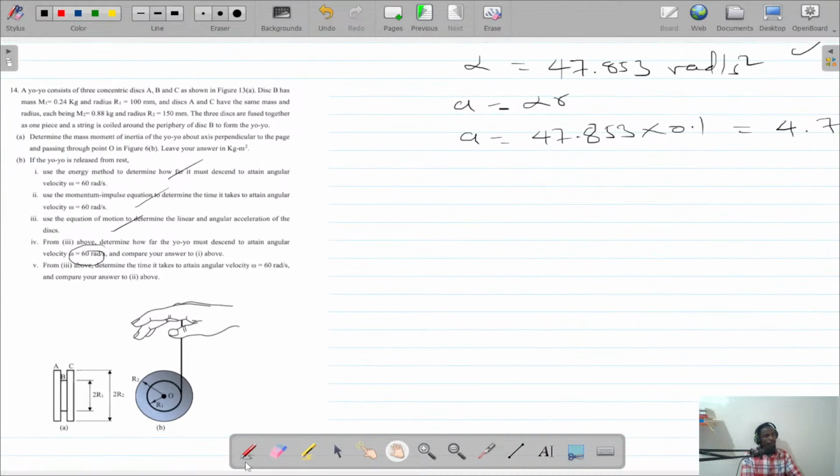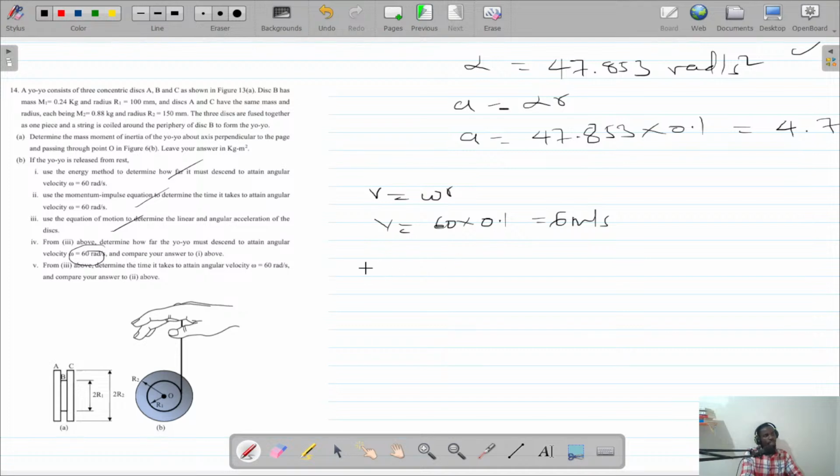We can use the linear velocity. The linear velocity is equal to omega R, right? So the final velocity will be equal to 60 times 0.1, which is 6 meters per second.